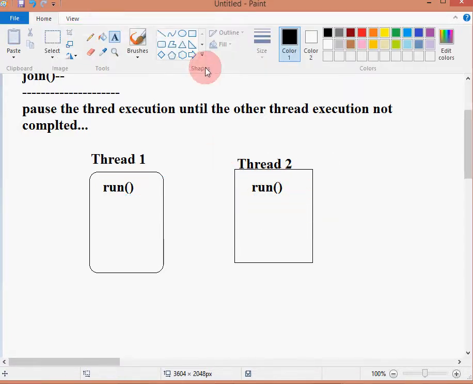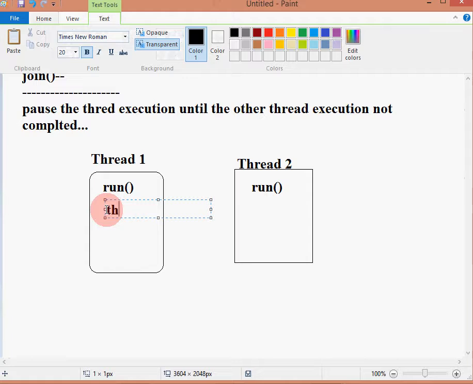I have created a thread object th1, and here I created a thread object th2. Suppose in here I write th2.join.